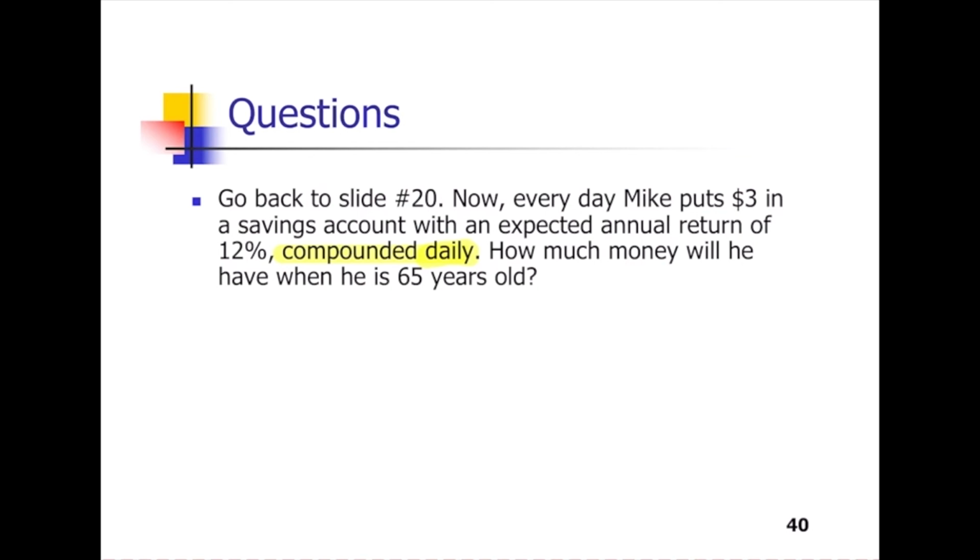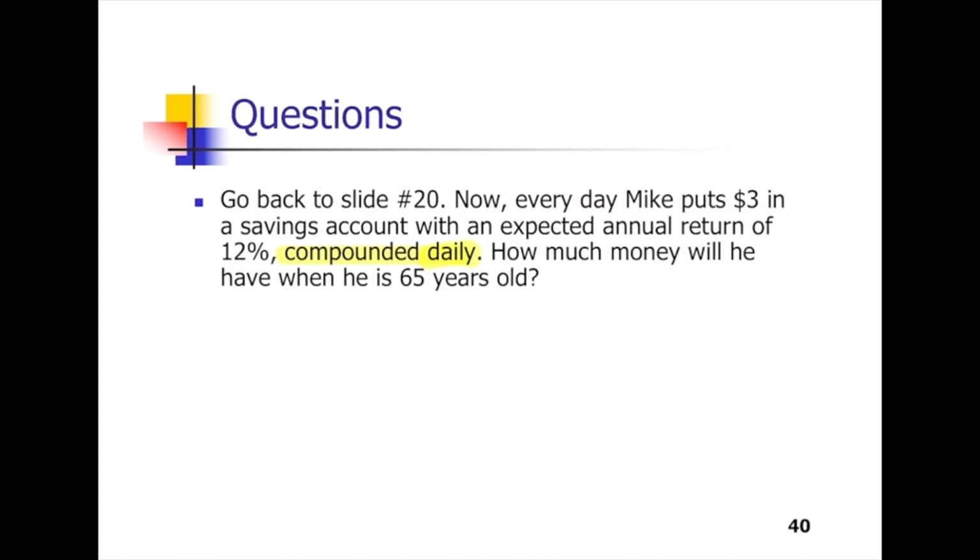It looks complex, so what do we do? Let's draw a timeline. He saved daily, right? So compound daily. So this is 45 years, but he invests daily.